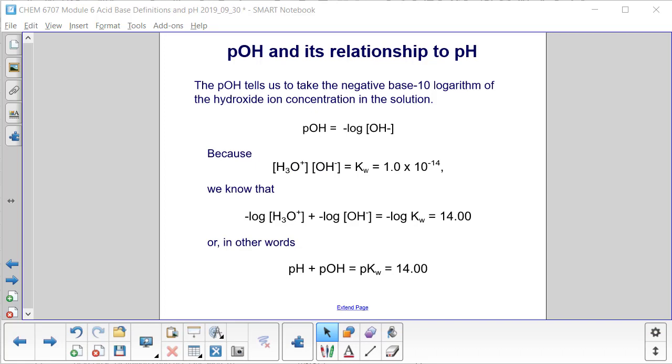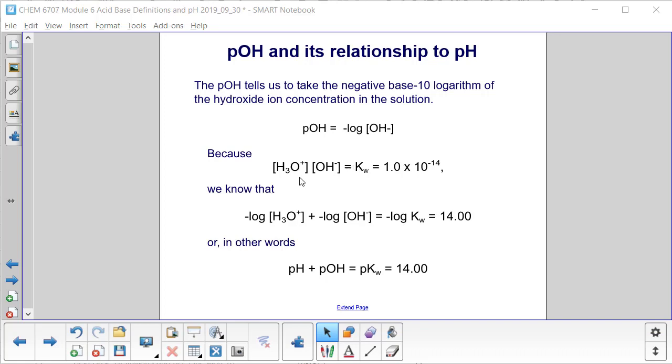There's another value called pOH that is closely related to the pH. The pOH tells us to take the negative base 10 log of the hydroxide ion concentration in the solution. pOH is equal to minus log of the hydroxide ion concentration.